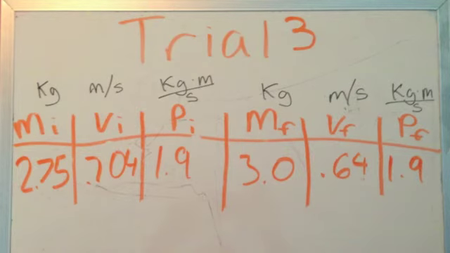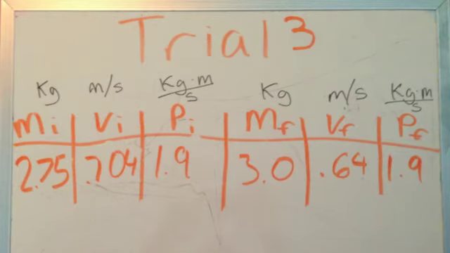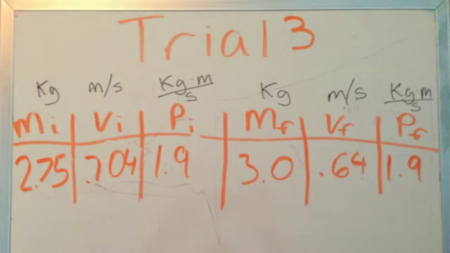The velocity was 0.704 meters per second, so the momentum was 1.9 kilograms meters per second. After the collision, the total mass was 3 kilograms and the velocity was 0.64, which also gave us a momentum of 1.9 kilograms meters per second.